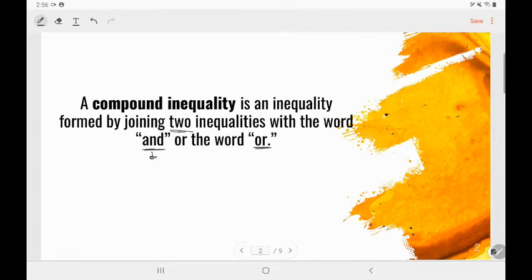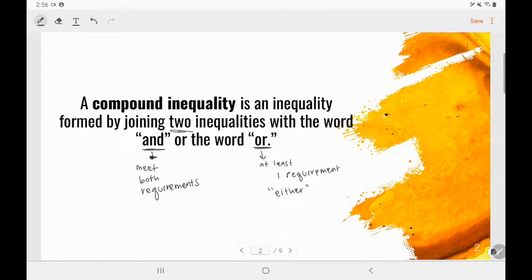"And" inequalities means that we need to meet both requirements. "Or" means that we need to meet at least one requirement, and we can meet either of them.